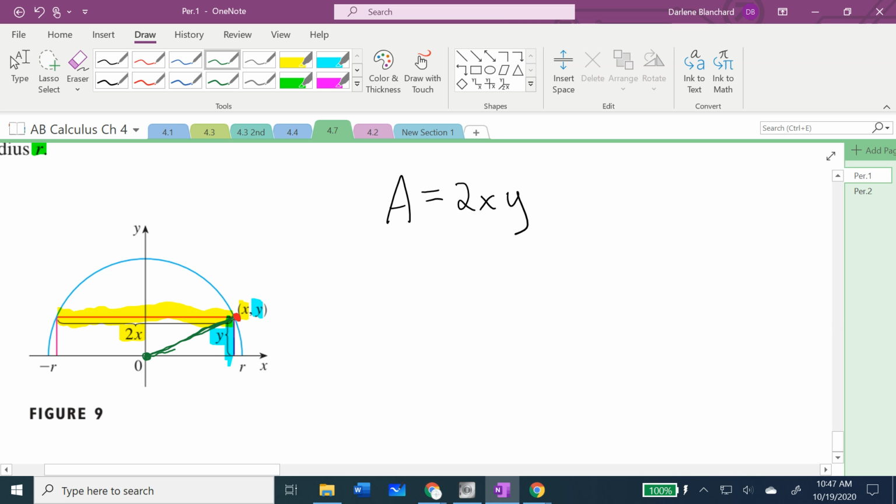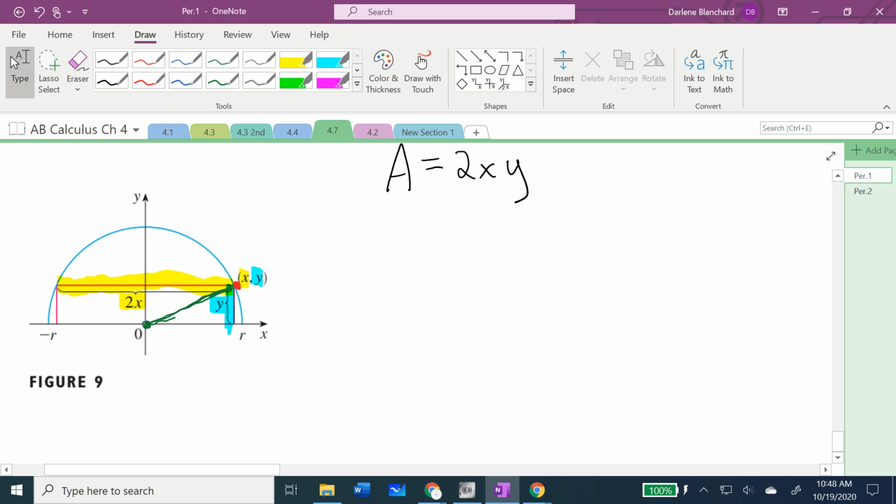So can you think of any formula that relates the x and the y together? Pythagorean theorem. If I use Pythagorean theorem, then I'm looking at x squared plus y squared equals r squared.